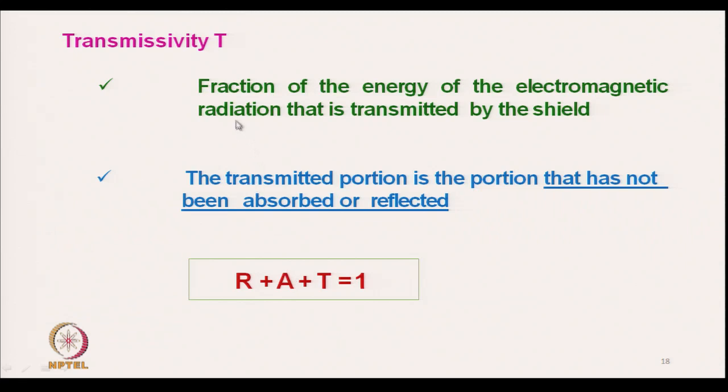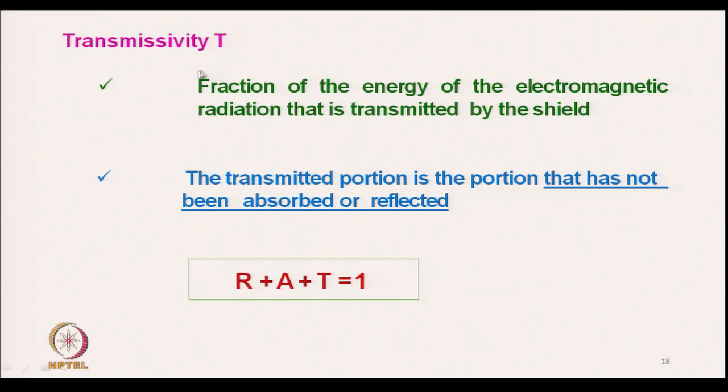The third term is transmissivity. Transmissivity is that fraction of energy of electromagnetic radiation that is transmitted by the shield. The transmitted portion is the portion that has not been absorbed or reflected.